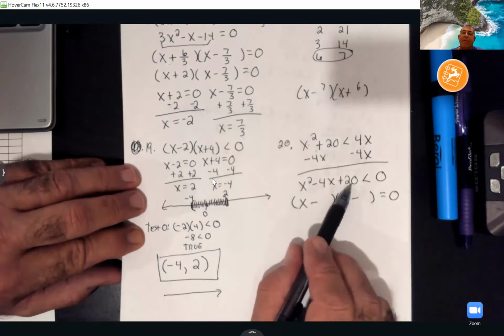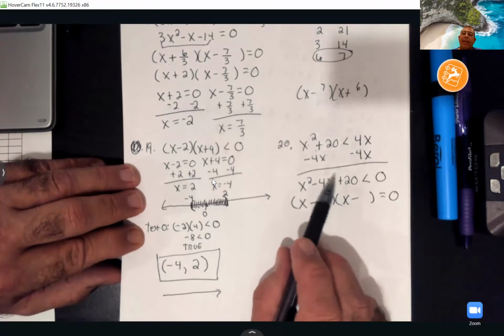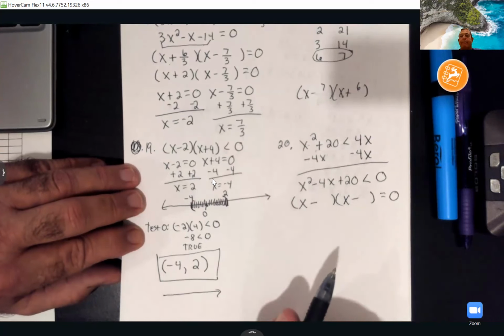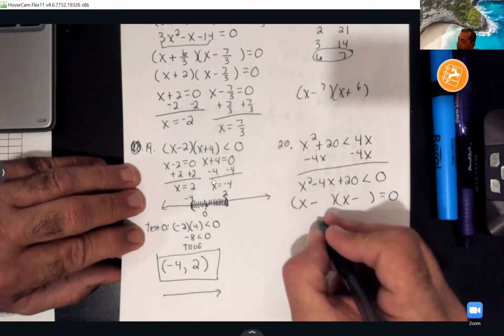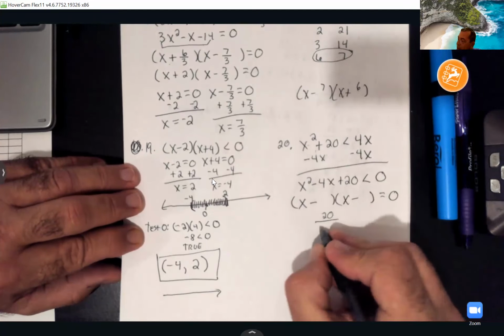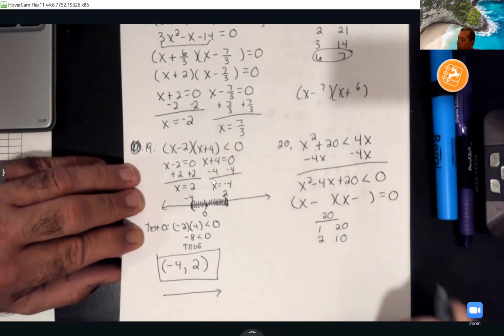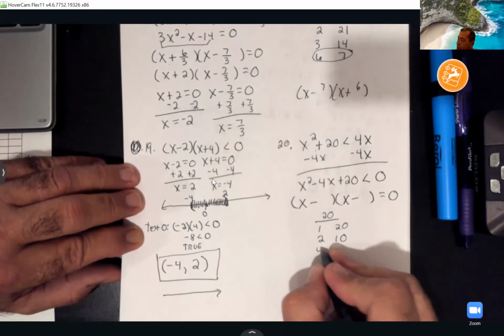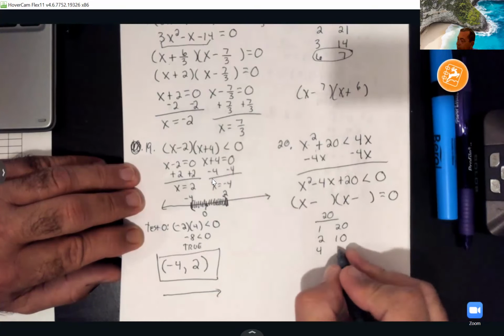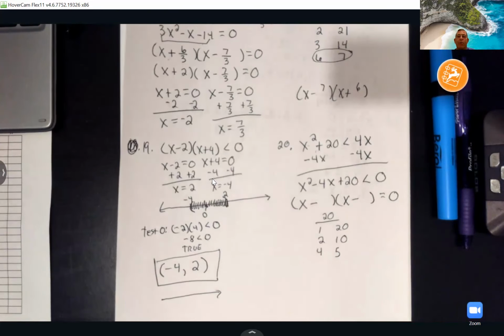So find me factors of 20 that add to get a 4. Let's see, what makes 20? 1 and 20. 2 and 10. What's next? 4 and 5. So which one of those will add to get you a 4?